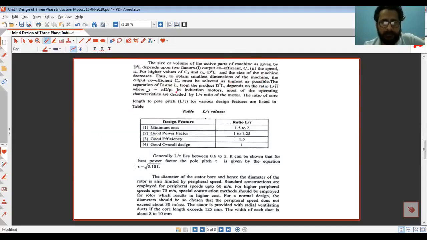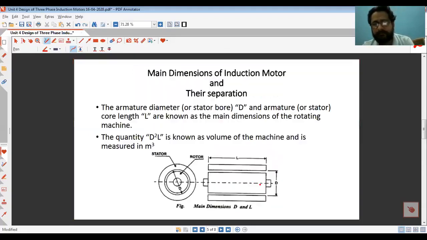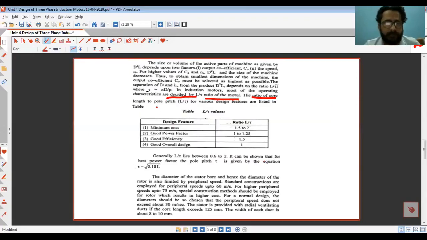The separation of D and L from the product D square L depends upon the ratio of L by tau, where tau is pi D by p. In induction motors, most of the operating characteristics are decided by the L by tau ratio of the motor. L is the length of the core, and tau is the pole pitch.